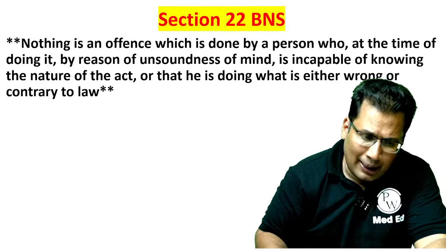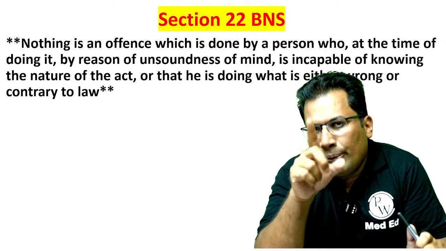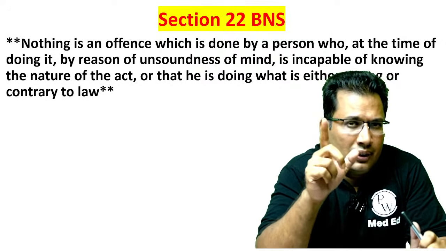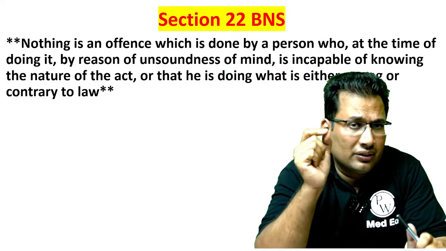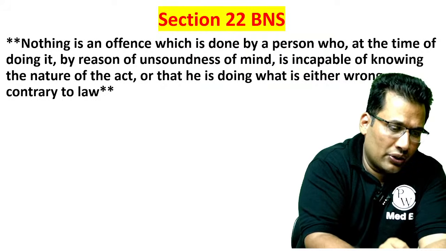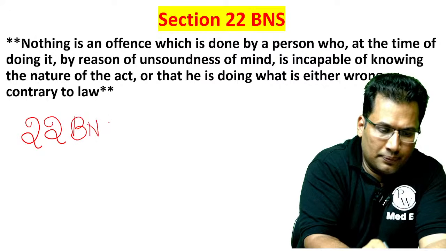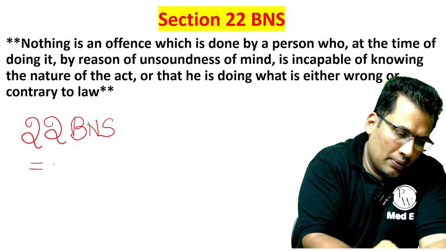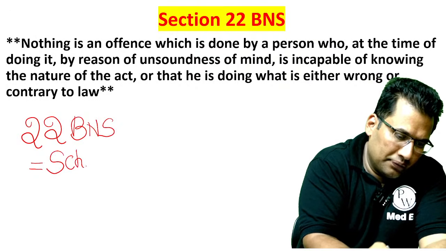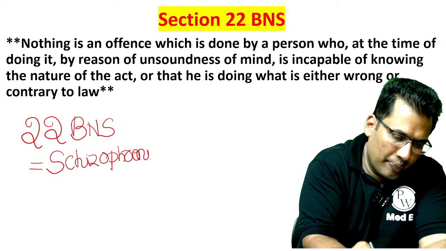Now, what is McNaughton's rule? 3 marks question. In exam, you need to mention the same definition. Every word is important here. That is 22 BNS. So all of you write in the chat box, 22 BNS is equal to schizophrenia.